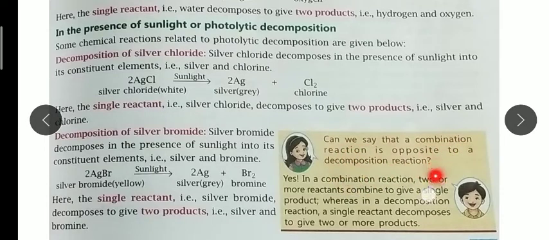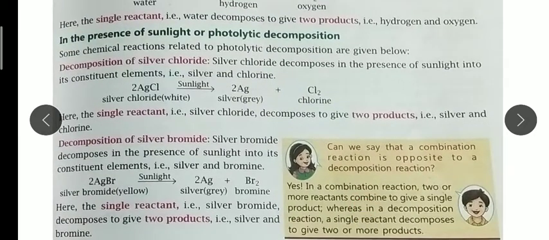Yes, it is just opposite, because in a combination reaction, as I told you earlier, we have two or more reactants combining together and forming one product, whereas in decomposition, we have a single reactant and it decomposes into two or more products. So both are opposite processes.